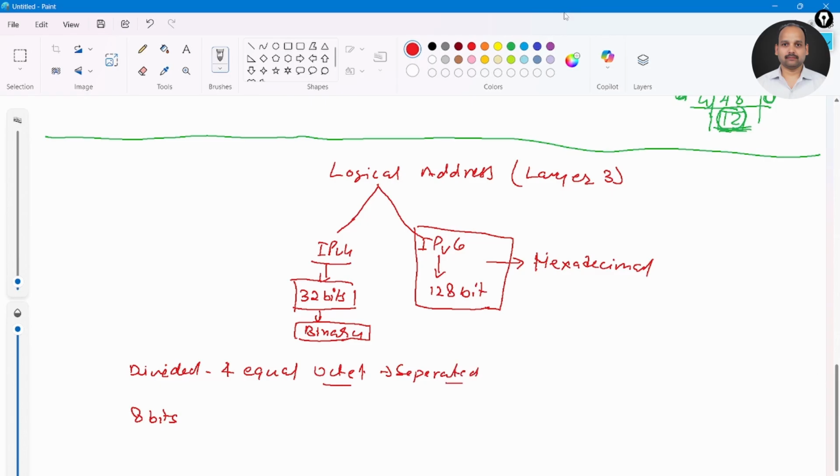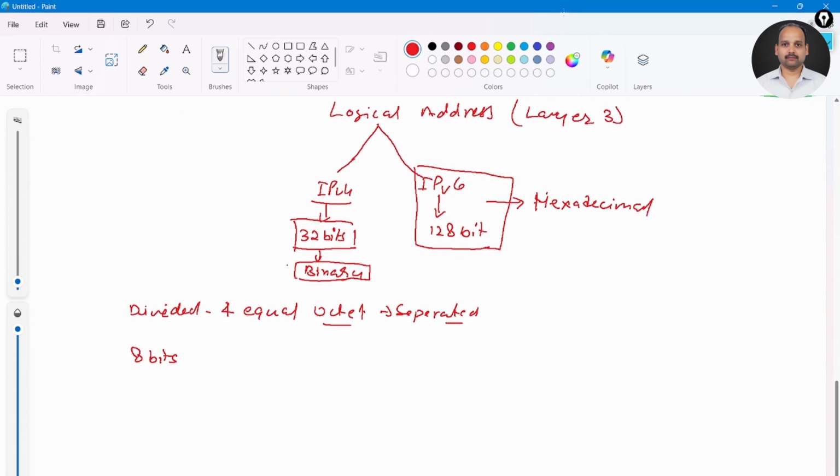Yes, sometimes people use a minus sign or a pipe for the separation, but the standard is separation by dots. So 8 bits, 8 bits, and 8 bits.